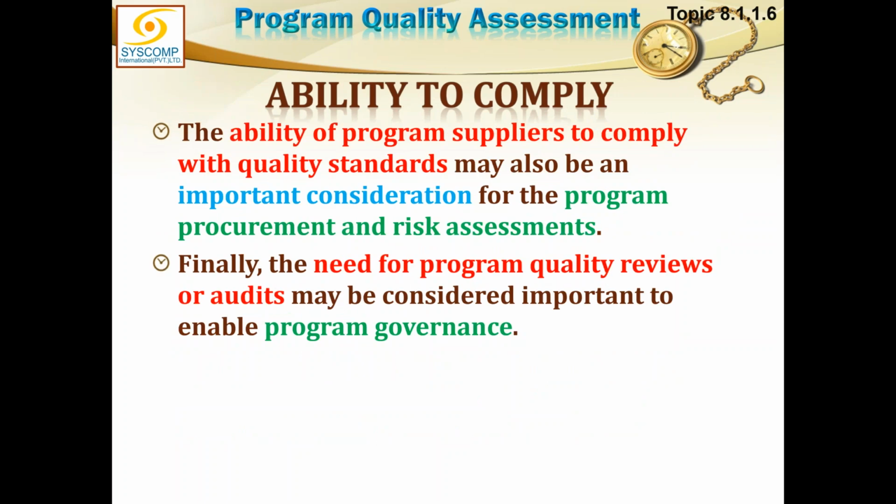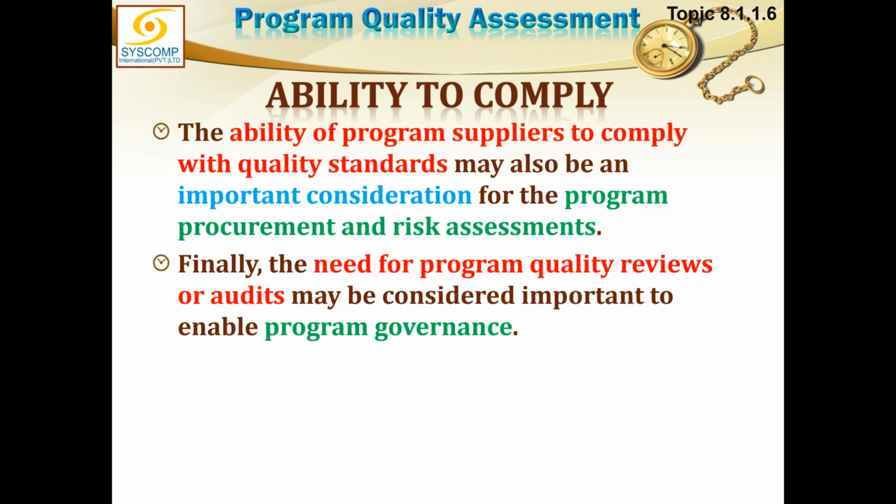The ability of program suppliers to comply with quality standards may also be an important consideration for the program procurement and risk assessment. Naturally, for the items we are procuring, only if your suppliers can supply those items according to the quality required will it be useful.